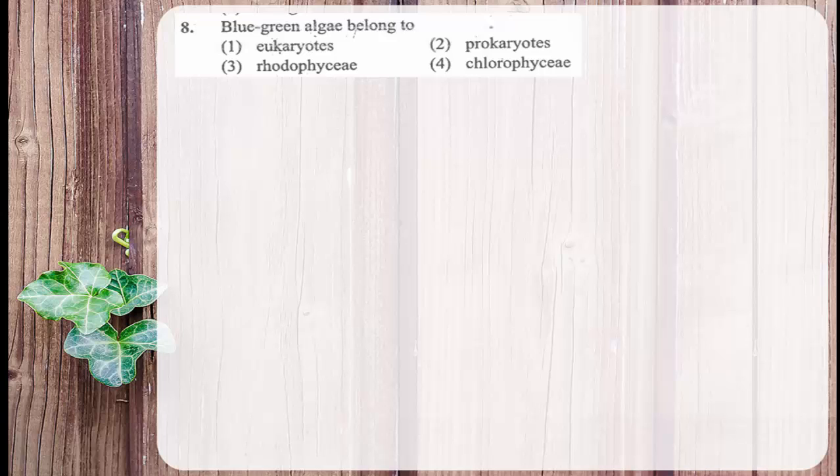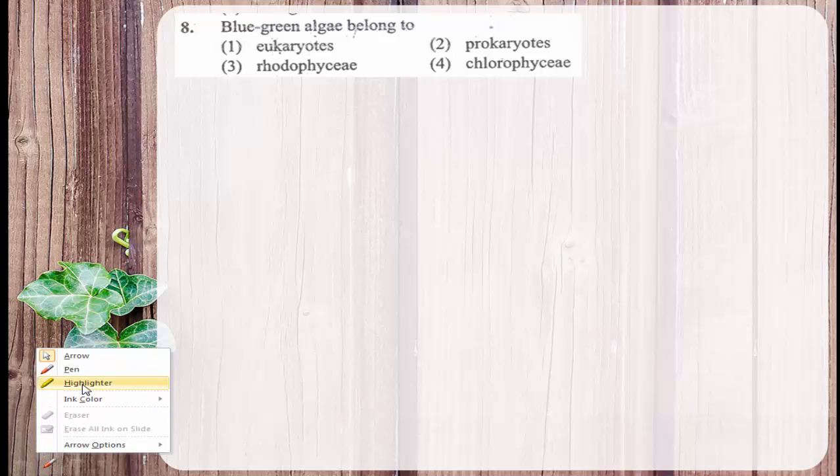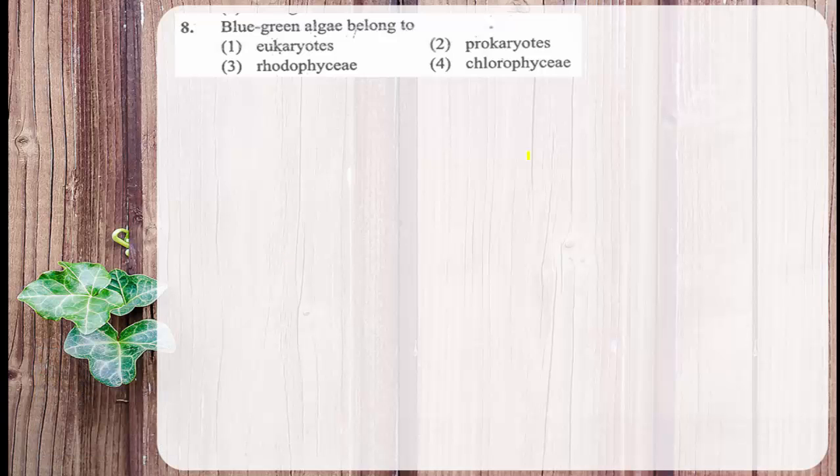The color blue and green is with reference to their pigmentation and they are compared with that of algae for having those features. The blue-green algae is the common name, but the blue-green algae belongs to which group? Whether eukaryotes, rhodophyceae, chlorophyceae or prokaryotes.